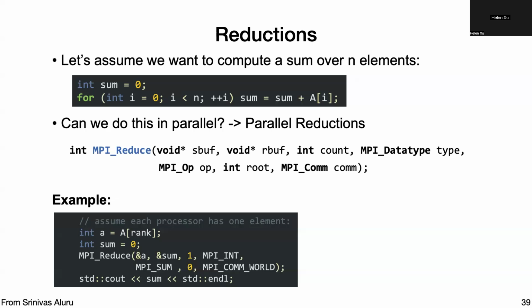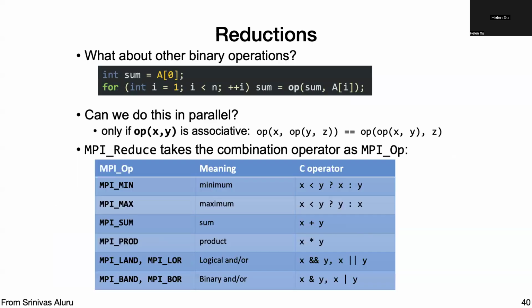So yeah, they have MPI sum and they have a bunch of other ones: min, max, product, logical AND and logical OR, bitwise AND and bitwise OR. And you can compose different operations, I think. Oh yeah, and you can only do it in parallel if the operator is associative.